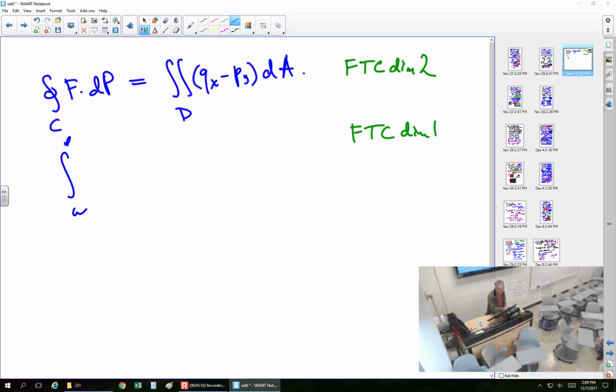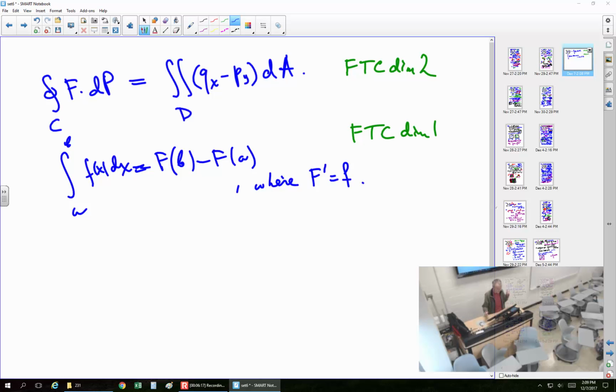Integral from a to b of f(x) dx equals F(b) minus F(a), where we also have to say that F prime is equal to f. So one thing I already mentioned last time is the mismatch.